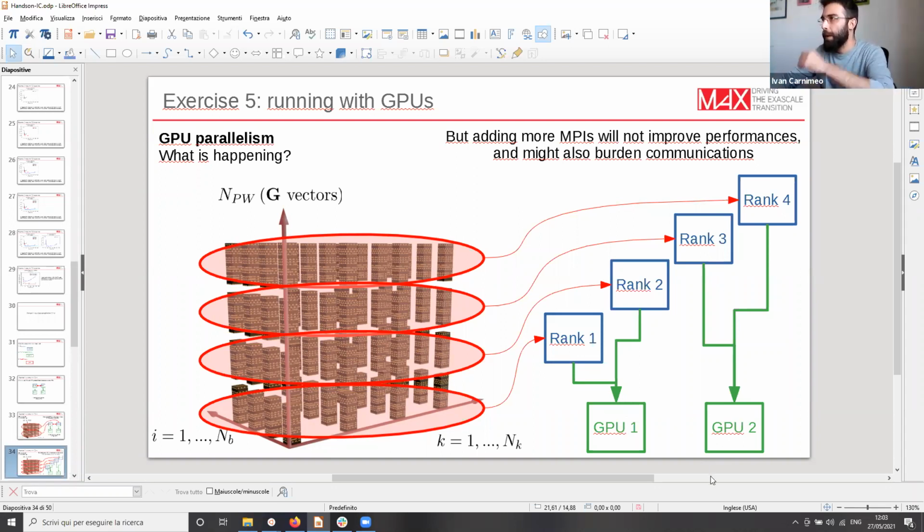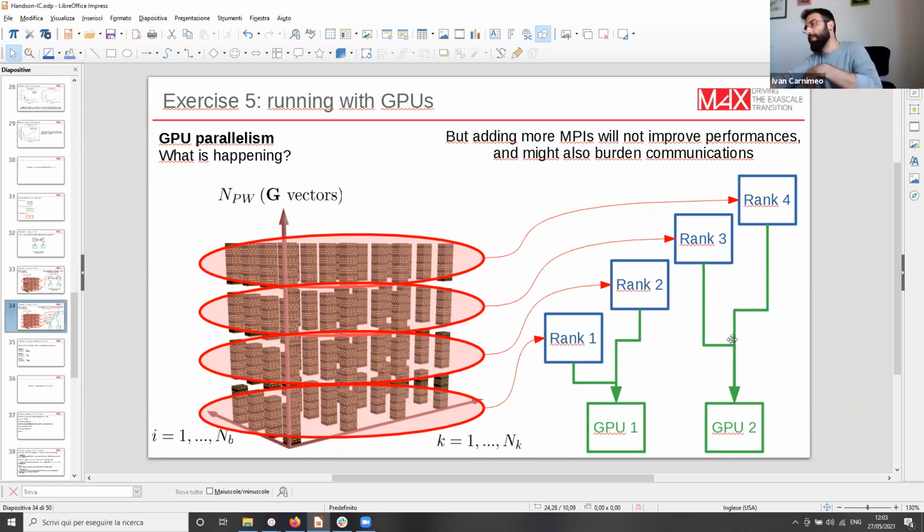In the worst cases, if you use too many MPI processes, they will also worsen the computational time with the communications. So you are really increasing the computational time rather than reducing it. So the good practice is to use a number of MPI processes equal to the number of GPUs.